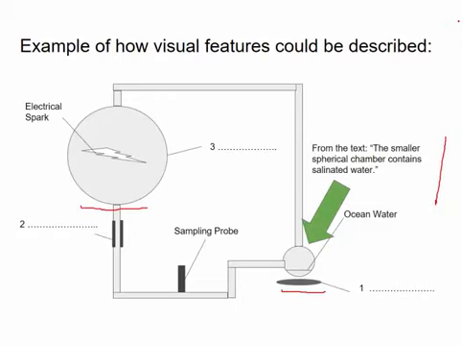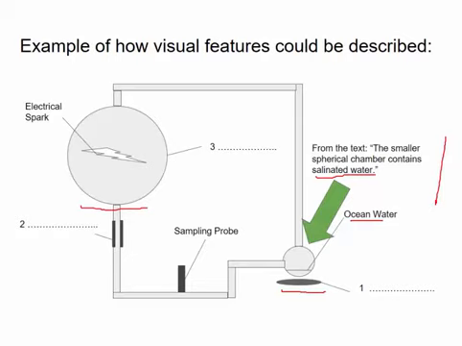Okay, so for example, it looks like number 1 down there will require you to know what that spherical chamber is. Okay, now there will be clues, right? We have a label on the visual here where it says ocean water. Okay, that's a label on the visual, and that is a paraphrase of this phrase we find in the text, salinated water.